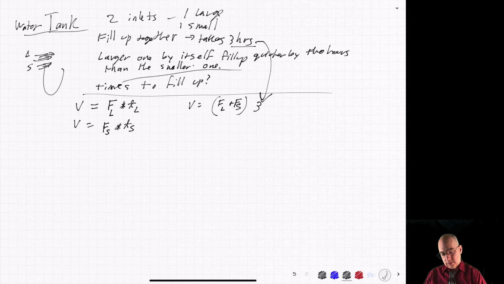And we also know that the time of the larger one is the time of the smaller one minus 2 hours. Okay, that's the information we're given.